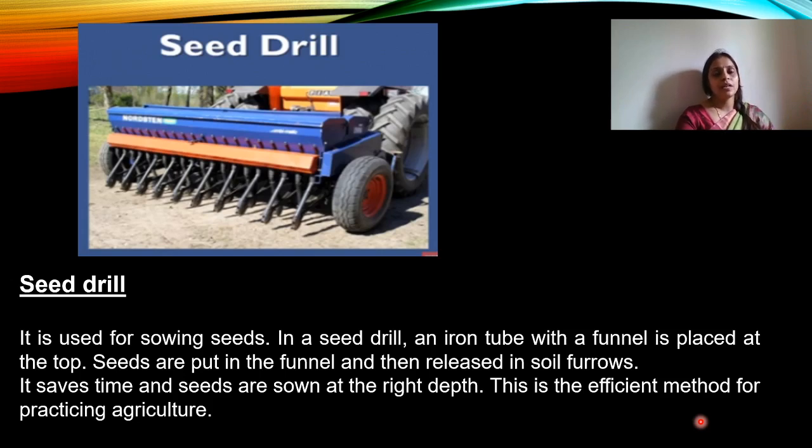In the seed drill, an iron tube with a funnel is attached at the top end, and the seeds are placed in this funnel and then released into the soil furrows. The main advantages are that it saves time, the seeds are sown at the proper depth and proper distance, there is no overcrowding, and it's an efficient method of practicing agriculture.